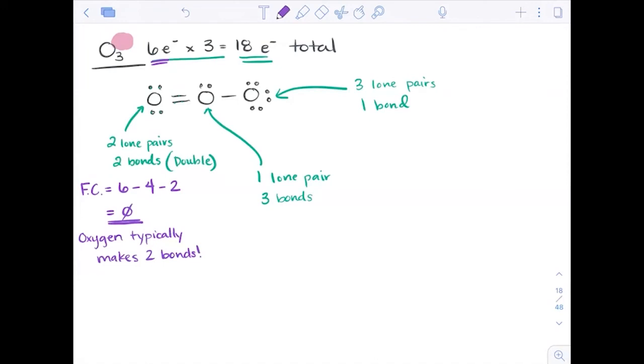Now the middle oxygen, for his formal charge, he brought 6 electrons to the table. He owns 2 electrons in that lone pair, and he owns 3 electrons, 1 from each of the bonds. That overall 6 minus 2 minus 3 is a +1.